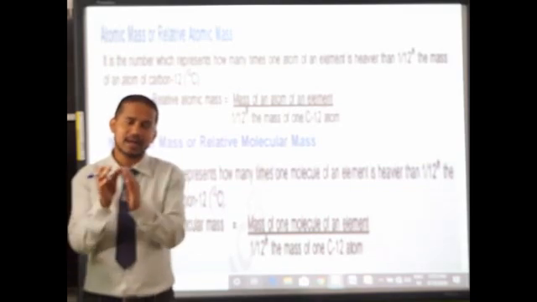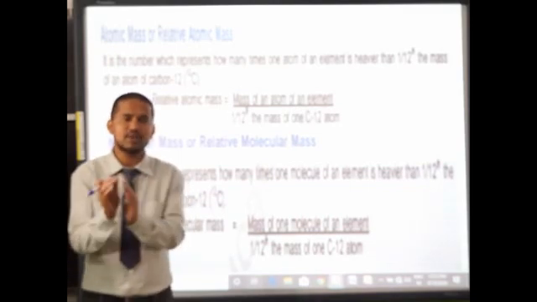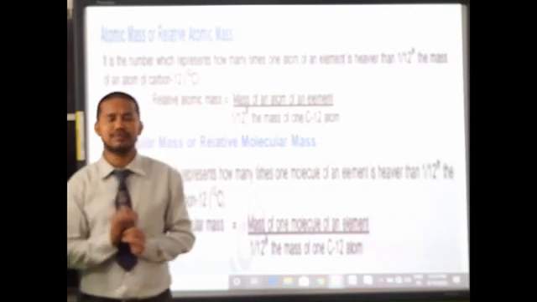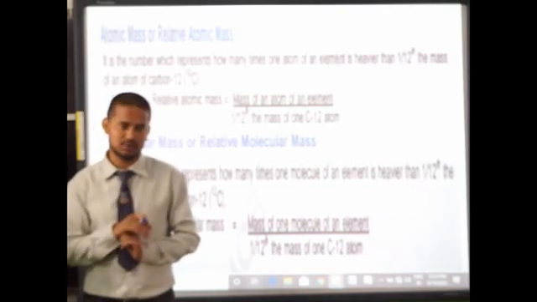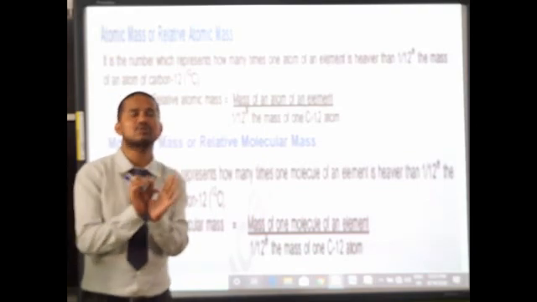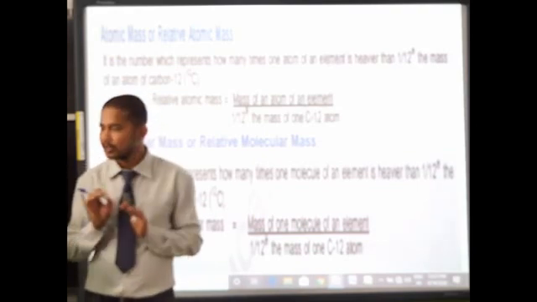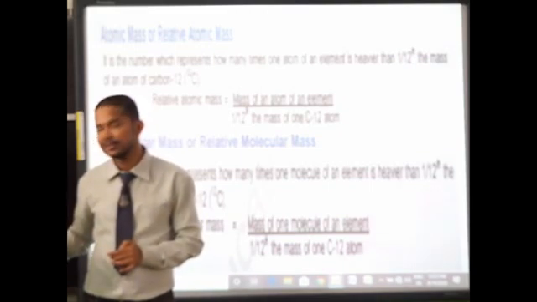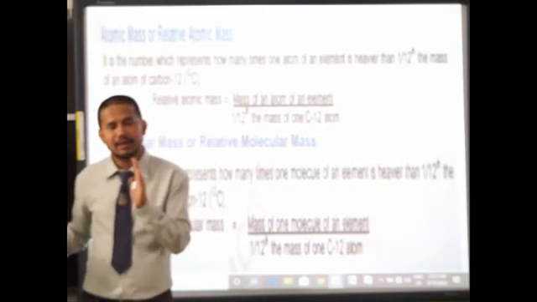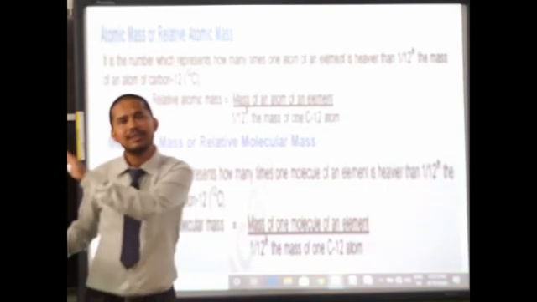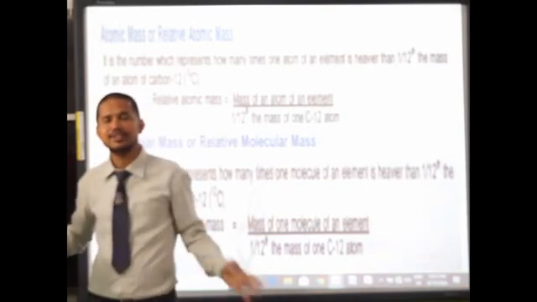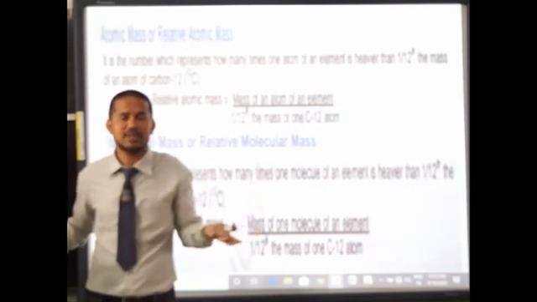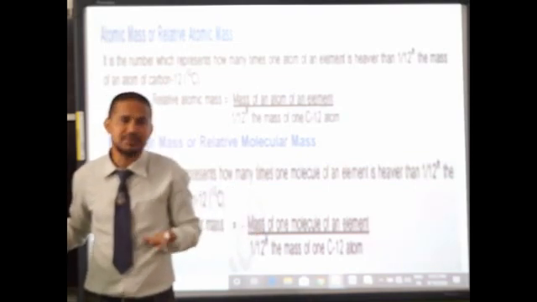That means carbon dioxide is 44 times heavier than 1/12 part of a carbon-12 atom. Carbon-12 here means the isotope carbon-12. Relative molecular mass we also did in class 9. We need all these things for this chapter, that's why I am repeating it. Otherwise there is no use of doing revision.